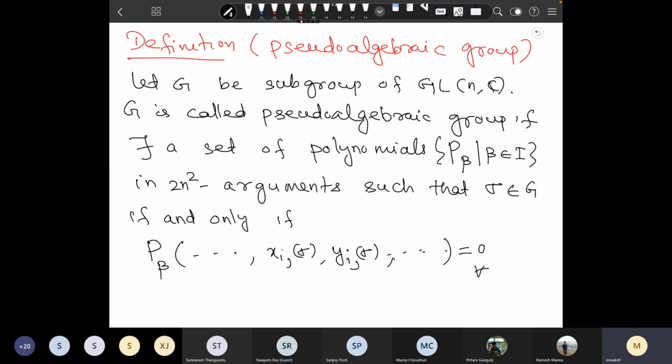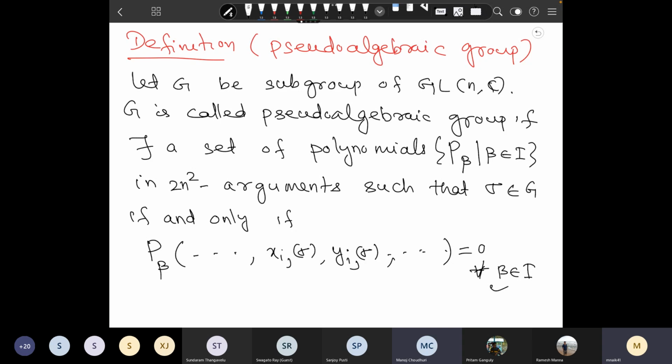G will be called pseudo algebraic if elements of G satisfy a precise set of polynomial equations p beta. I will keep this for a few seconds so that you can understand this definition.